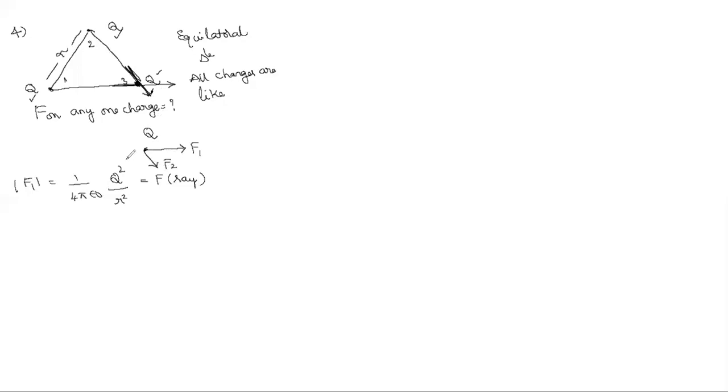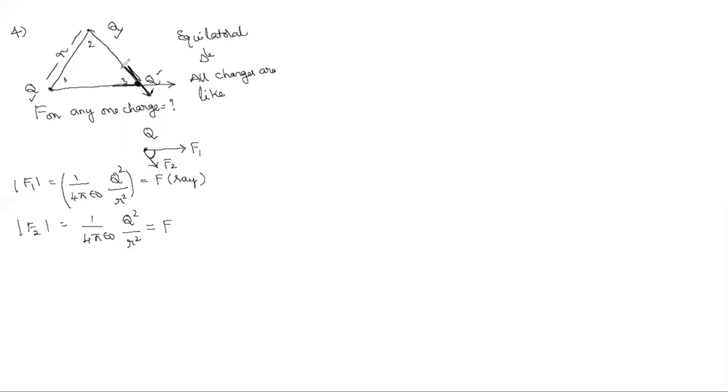This is F2, and I will write its magnitude here too. I think I will get the same, because everything is the same: the charges are the same and the distance is also the same. Already I considered that to be F, so this is also equal to F. So F1 and F2 have the same magnitude and they are not acting in the same direction; they make some angle theta.